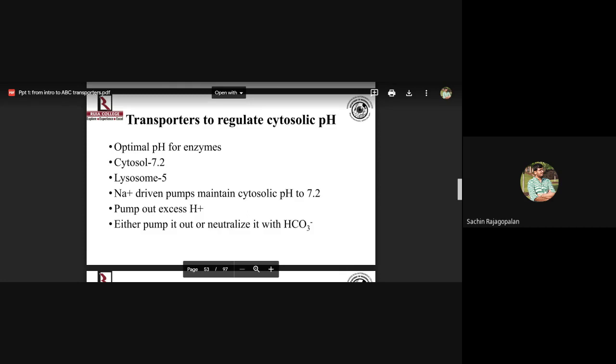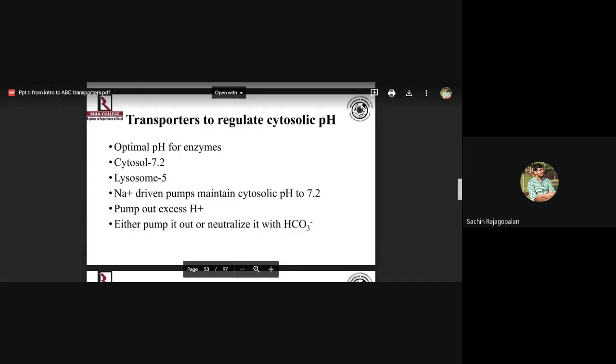Now that's going to acidify the cytoplasm, which is dangerous. So what will the cells do? They will pump out the excess H plus ions by exchanging them for sodium ions. So pump H plus out, take Na plus in.